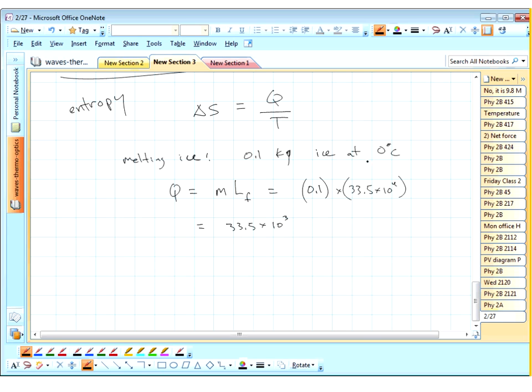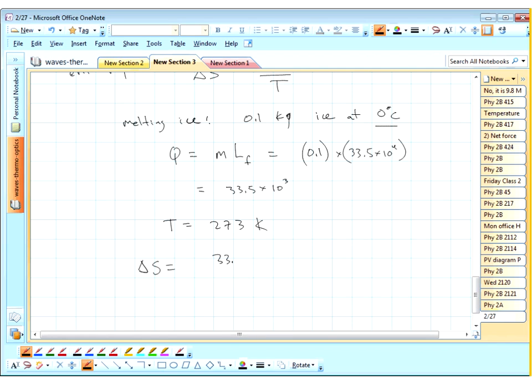And we know that this is happening at 0 degrees C, but of course, anytime you see a temperature by itself, we have to use Kelvin. So that's 273 Kelvin. So our change in entropy is 33.5 times 10 cubed joules over 273 Kelvin, and whatever that is. And the answer is joules per Kelvin. We just leave it as joules per Kelvin.